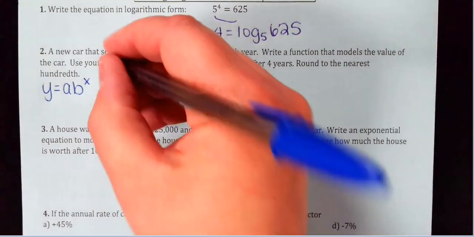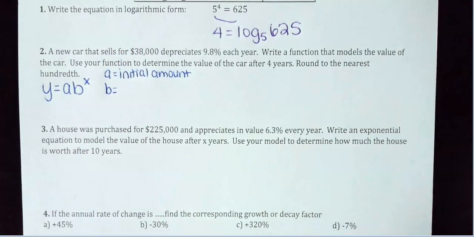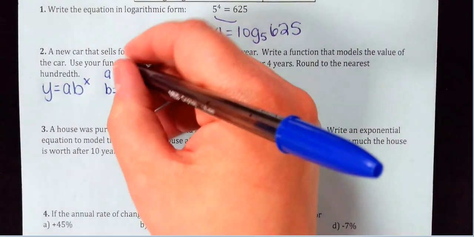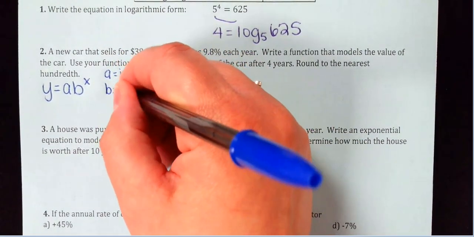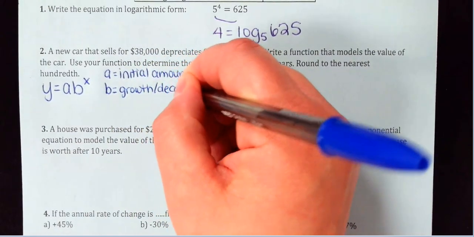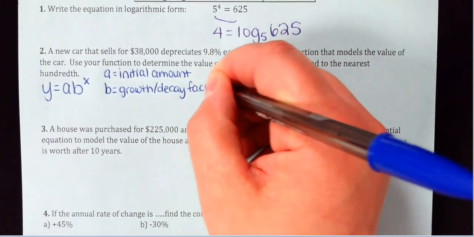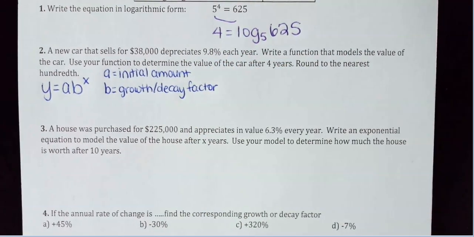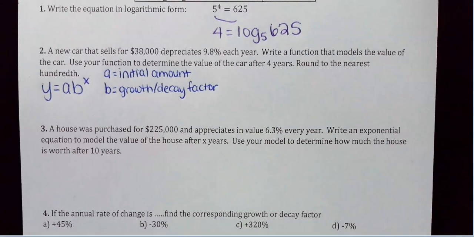Now, B is going to be calculated differently depending on the question, so we'll have to read through context. But this is either your growth or decay factor. And to calculate the growth or decay factor, you'll just have to read the question for context.